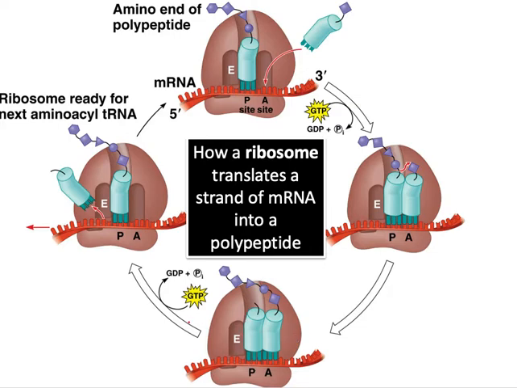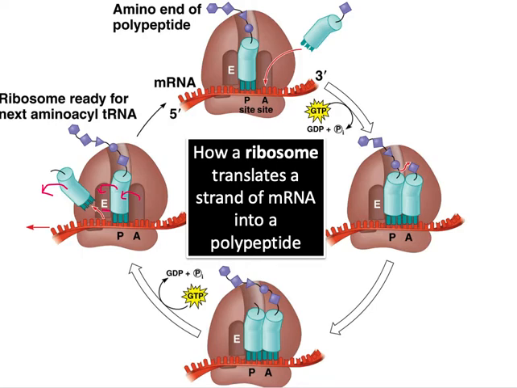So the translocation process also involves GTP, and when translocation occurs, the tRNA that was in the A site moves over to the P site. The tRNA that was in the P site moves over to the E site. This tRNA has no more amino acid on it, so it's called an empty tRNA, and in the E site, that tRNA moves over.